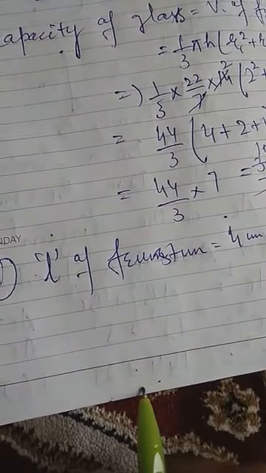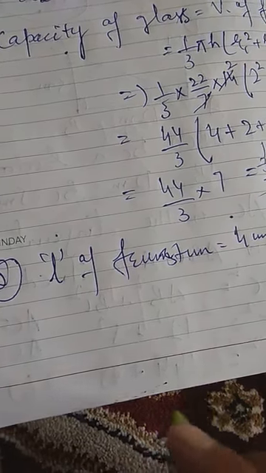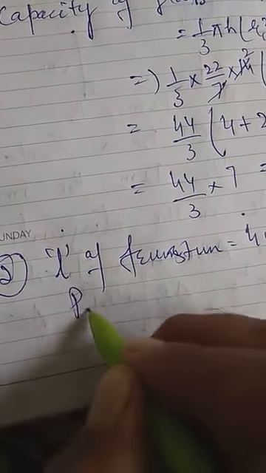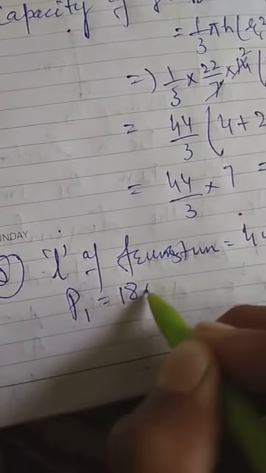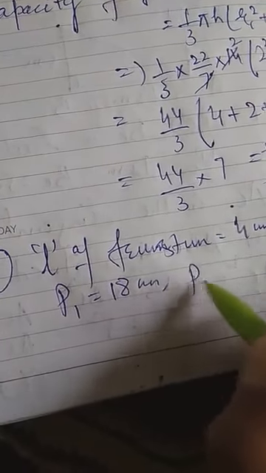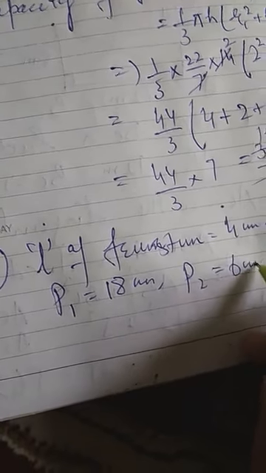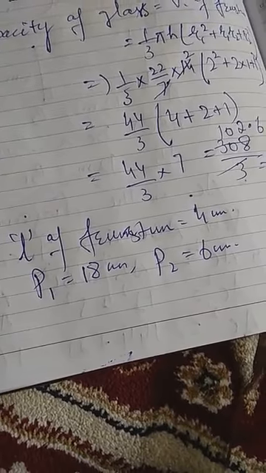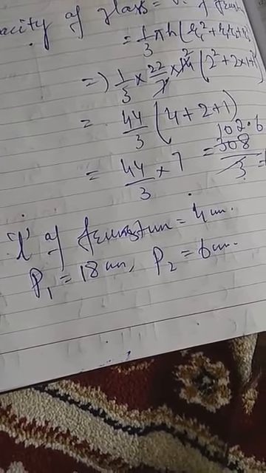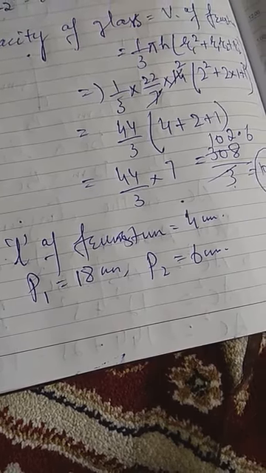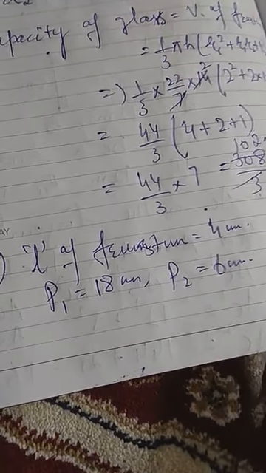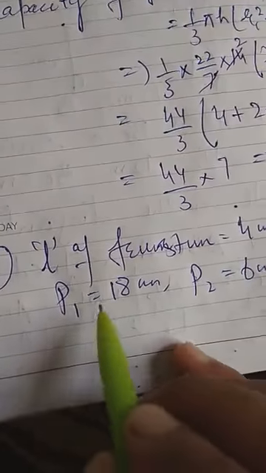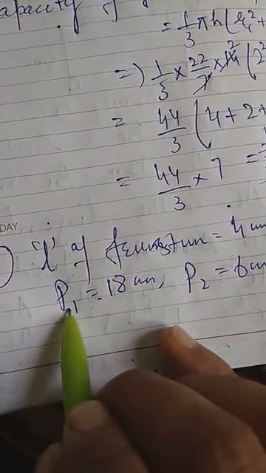And the perimeters of its two circular ends are P1, it is 18 centimeter, P2, that is 6 centimeter. Find the curved surface area of frustum. जैसे कि हमें पता है, curved surface area of frustum can be taken as pi L into (R1 plus R2). So we will write first R1 and R2.